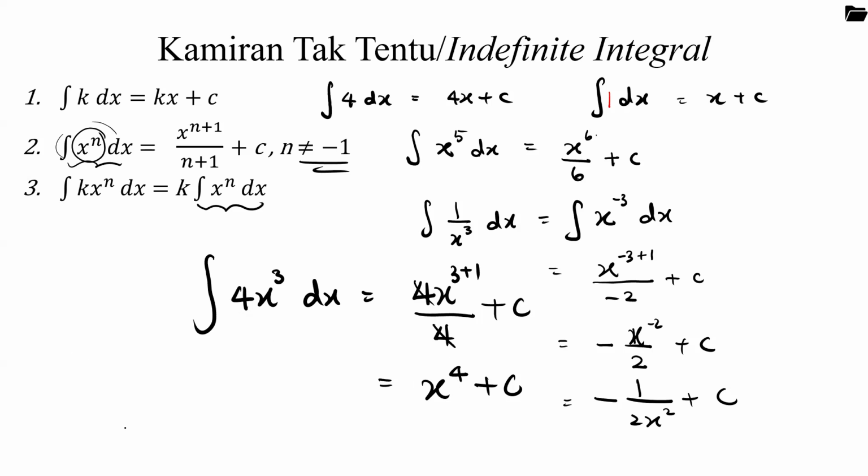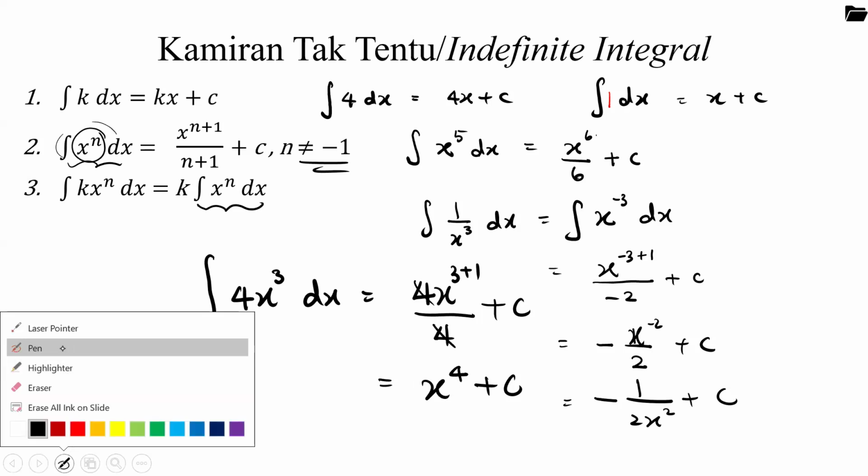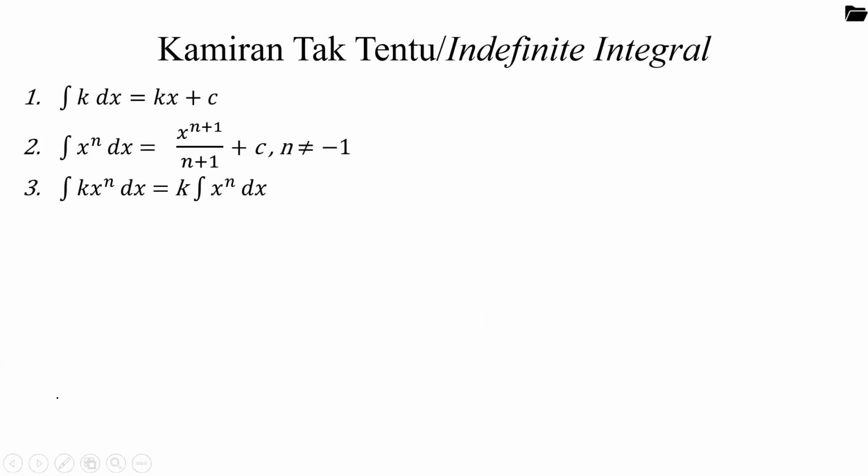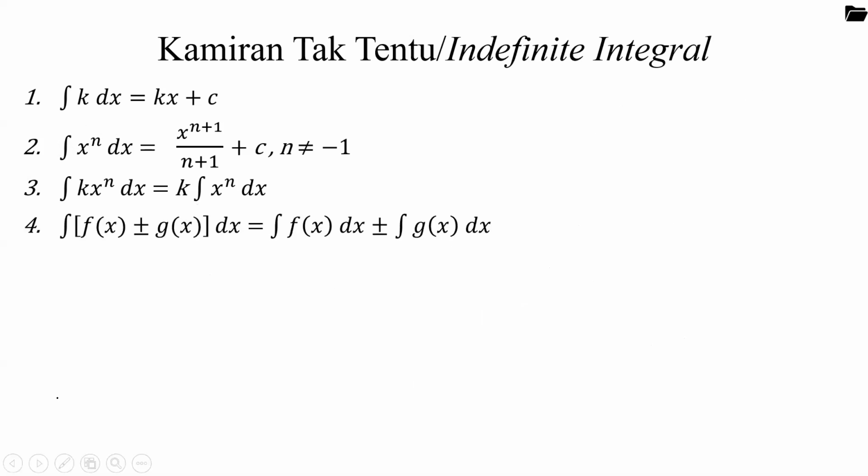Let's make something more complicated. Like this. In differentiation, we can separate each term and differentiate them separately. Integration is also the same thing. So I give you an example. Let's say you have the integral of 4x squared plus 5x minus 2 dx. Each and every term you can integrate separately.